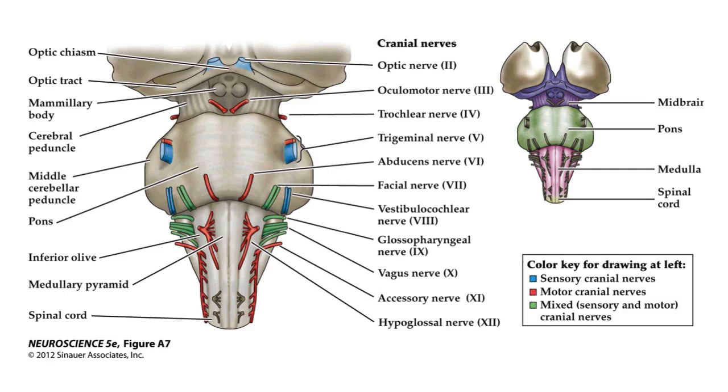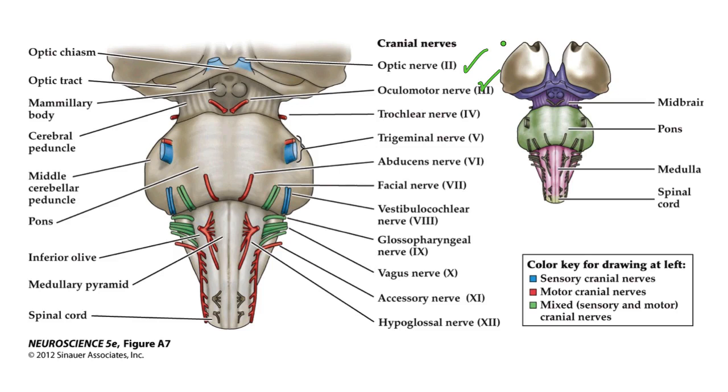There's no olfactory nerve here because the olfactory nerve does not attach to the brainstem, but we do have our optic nerve, which attaches actually to the forebrain, to the diencephalon, not to the brainstem, but it's included in this illustration because of its proximity to the brainstem. And then the rest of these nerves, 3 through 12, do indeed attach to the brainstem.